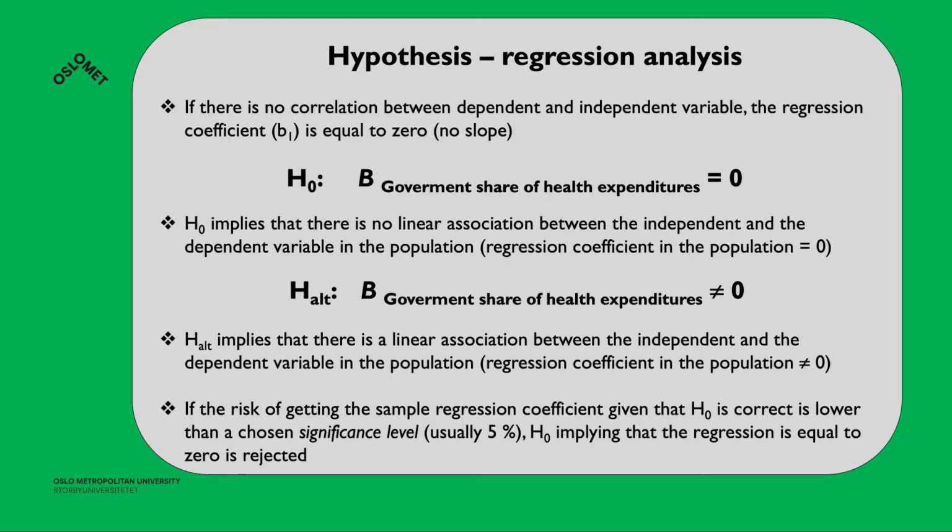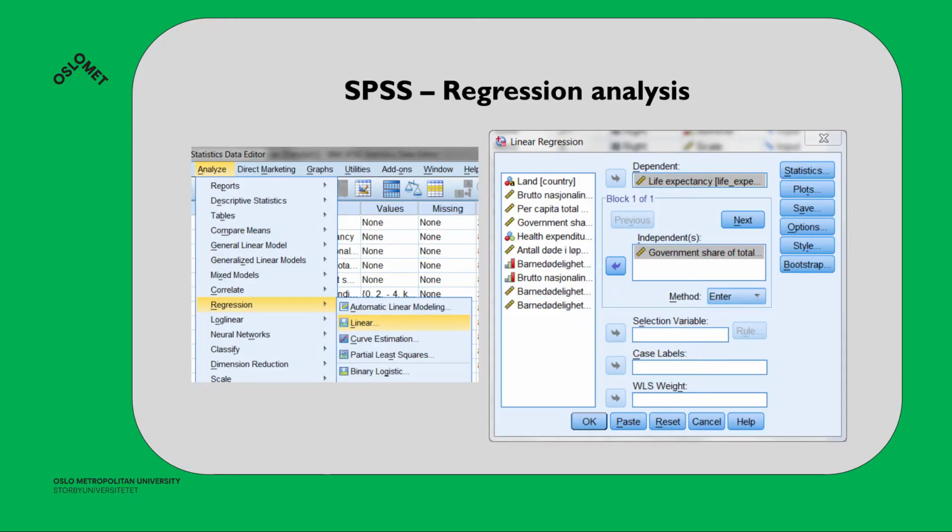So that means that if the risk that we are rejecting a true null hypothesis is lower than 5%, we can be 95% sure, or even surer, that the null hypothesis is not true. It's a false null hypothesis, and the regression coefficient is actually different from 0. Then we reject H0. So how do we do regression analysis in SPSS?